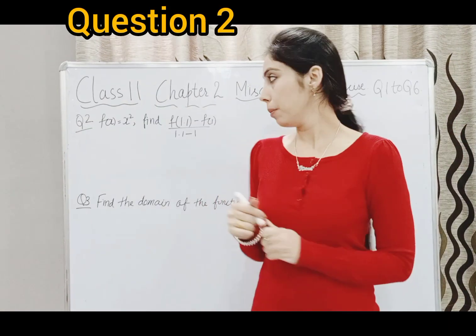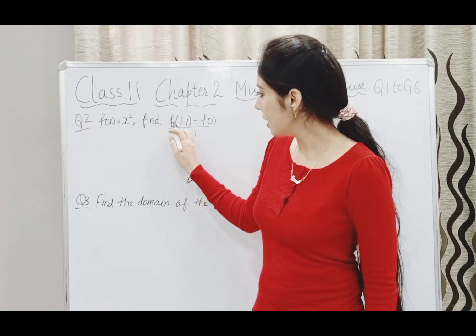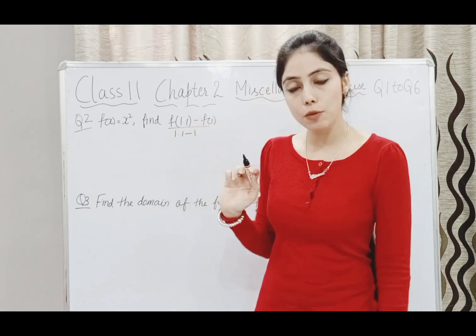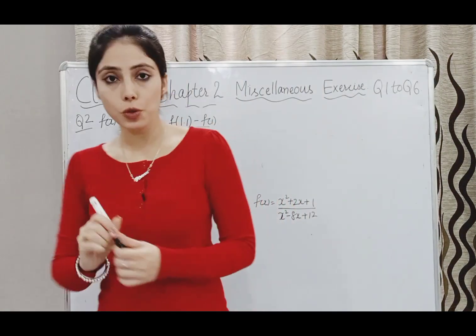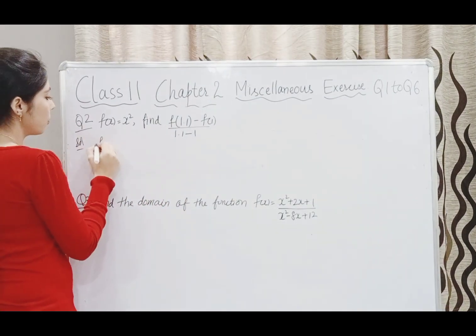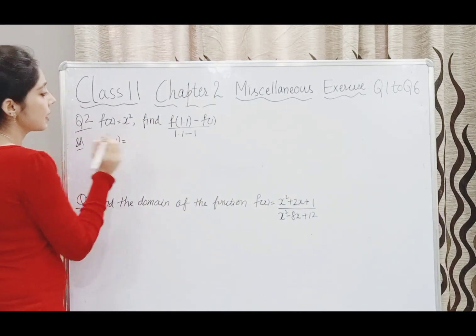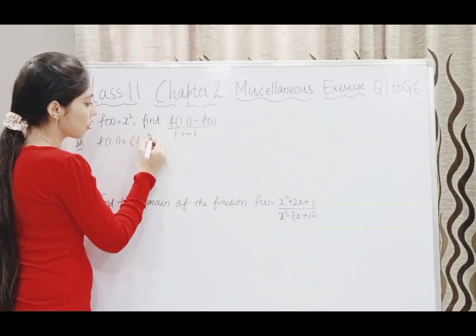Let's discuss question number 2. f(x) = x square is given. We have to find (f(1.1) minus f(1)) divided by (1.1 minus 1). First of all, we will find the value of f(1.1). Simply, we will put the value in this, so this will be 1.1 square.